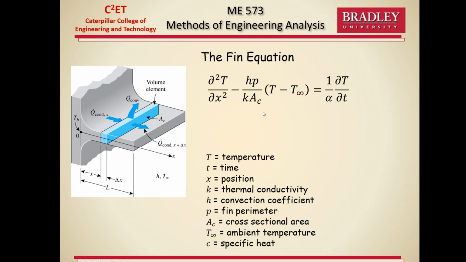It's the atmosphere. And so you just throw in this convection term and you go from the heat equation to what's called the fin equation. That alpha is the same thing, thermal conductivity k divided by the product of the specific heat and the mass density here. So these are the two equations we're going to solve.